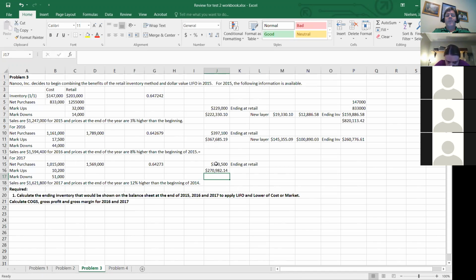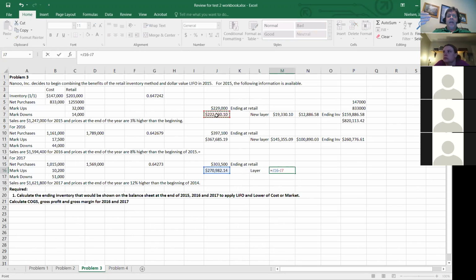Okay. So we go back to the year before that. Okay. And we see that it's higher than that. Okay. So our layer, it's not new this time, is the difference between that. We go back until we find a calculation without the inflation where we're higher, okay, where we don't get a negative number.